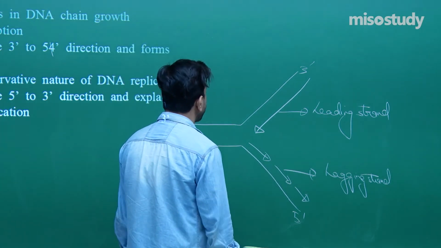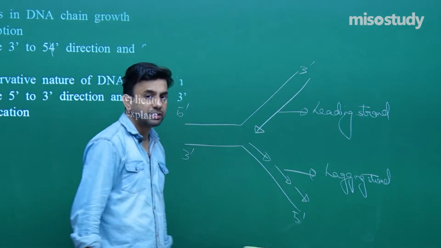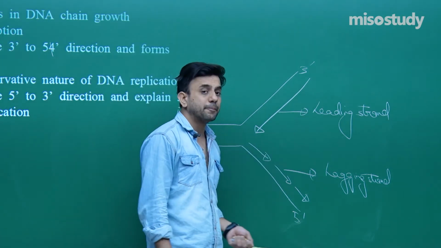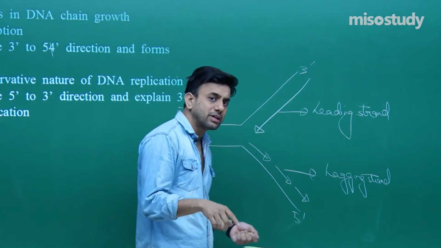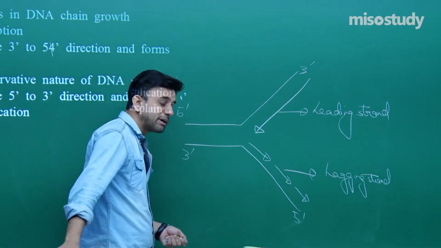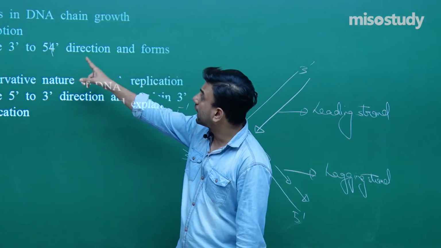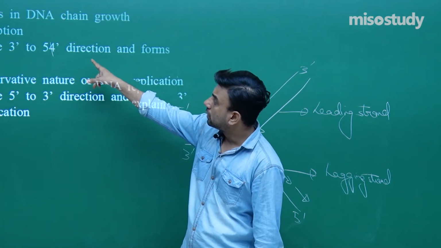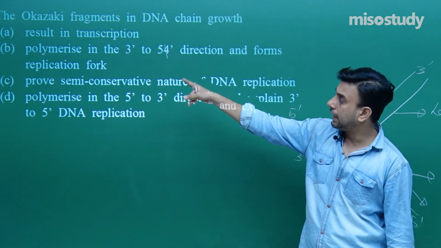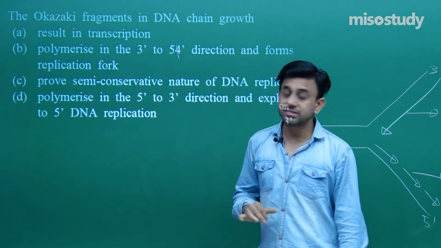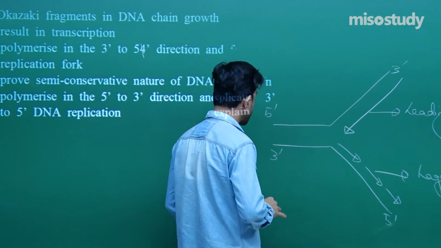This is the double template DNA, and we are talking about the Okazaki fragments in the DNA.